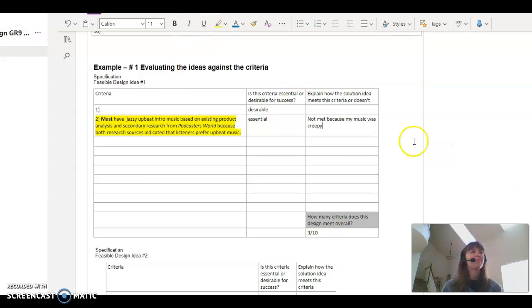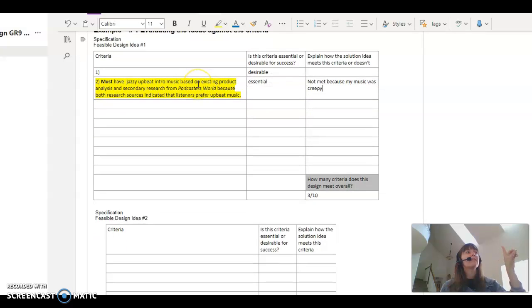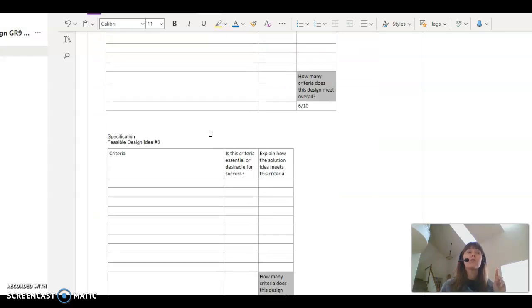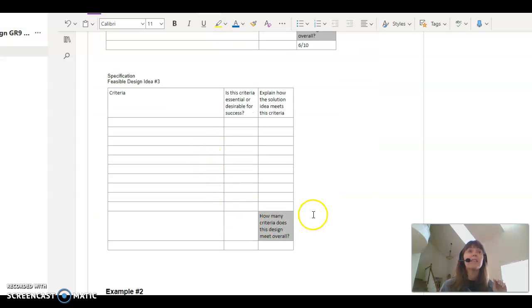Okay. So if you're ahead again, your formula is right for all those criteria, and you filled in your criteria against your planner for all 3 of your feasible ideas, that is what you will upload to me today. Okay, that's all you need to do.